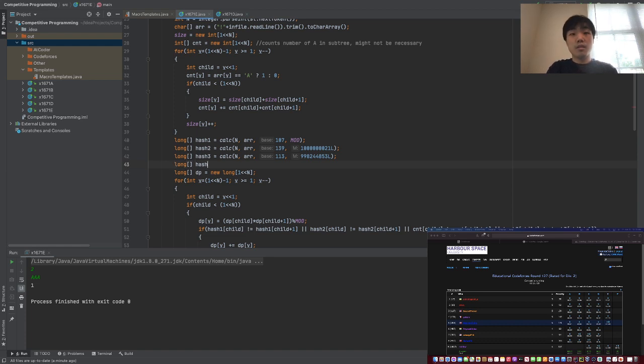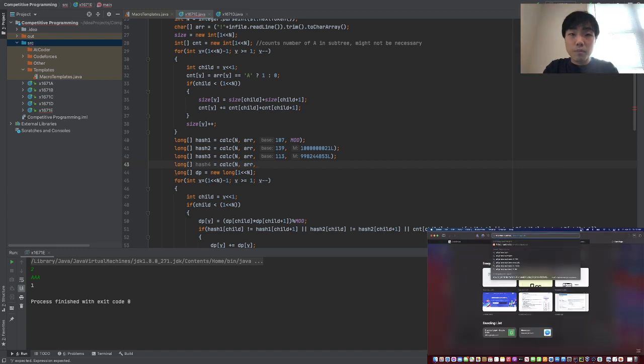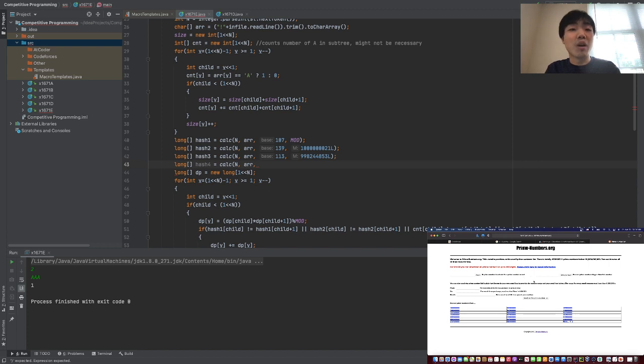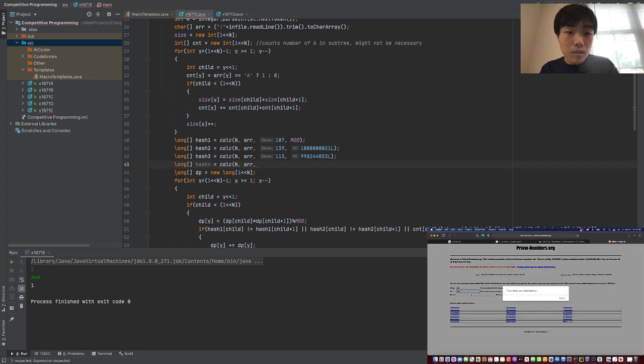I want to just submit a version with 5 different hashes really quickly. I want to submit one with a bunch of hashes just so I don't have to check from 100 to 150.